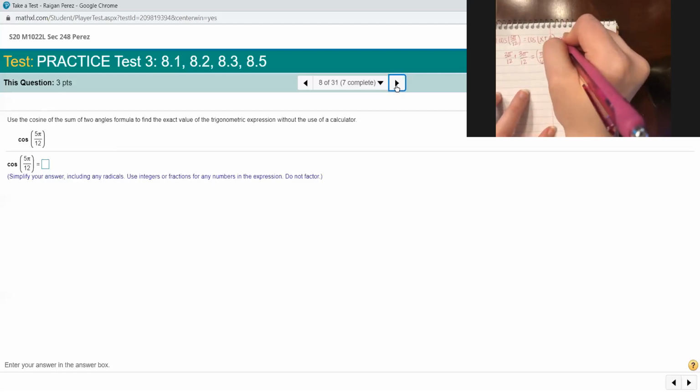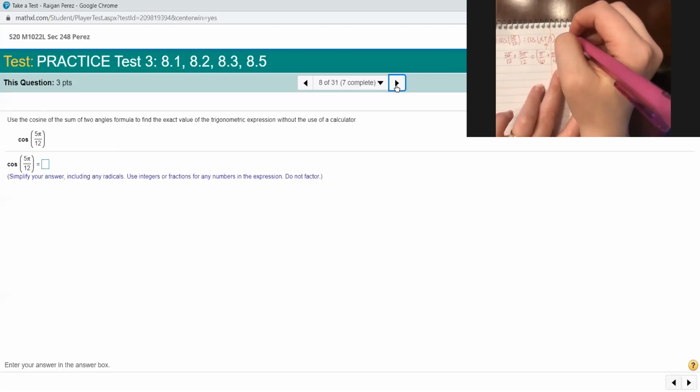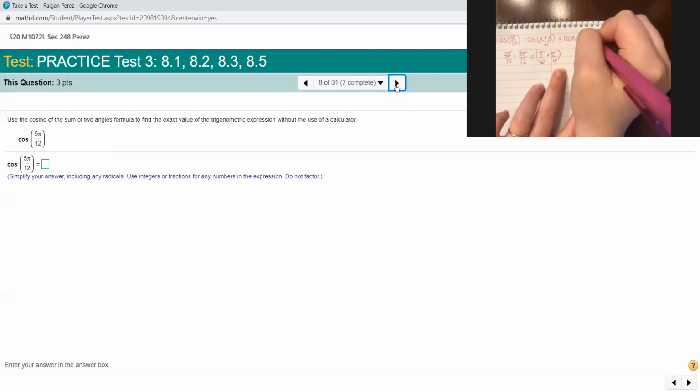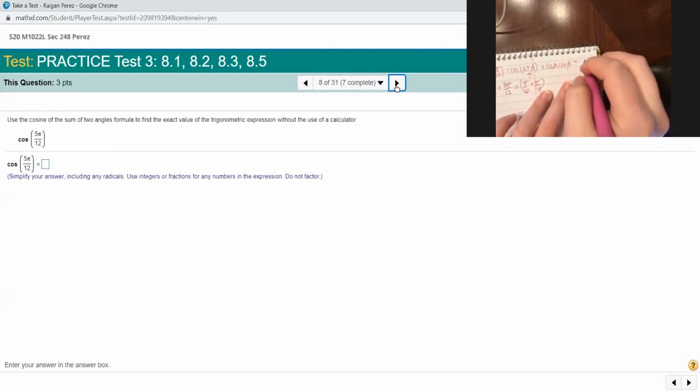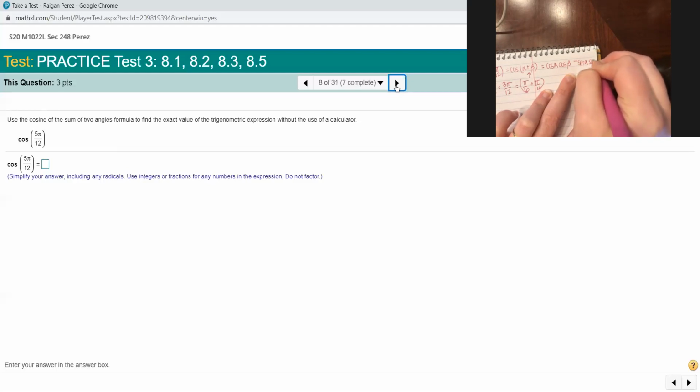Okay, well, my sum of difference formula is cosine of alpha, cosine of beta, minus, I can't write, so I'm going to move it over, sine of alpha, sine of beta.